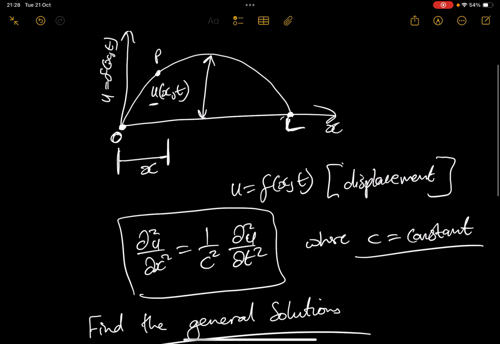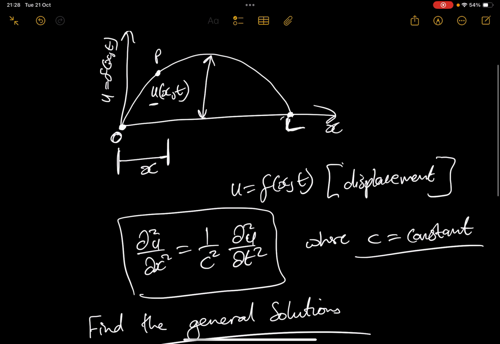Let's take the original equations that we got, these two: X double prime minus mu X is equal to 0, and also T double prime minus c squared mu T is equal to 0. Now we are saying mu is equal to 0, which means X double prime is equal to 0 and T double prime is equal to 0. So that's what this implies.